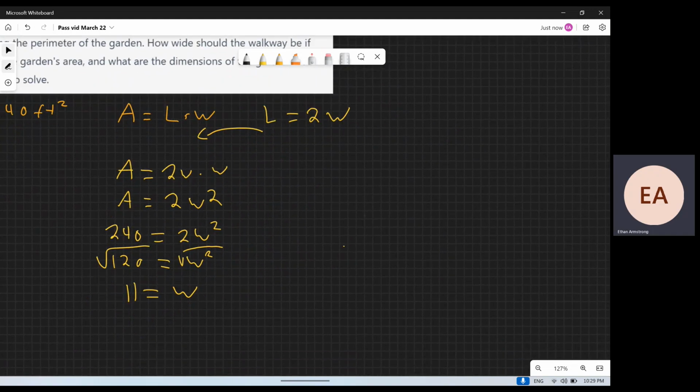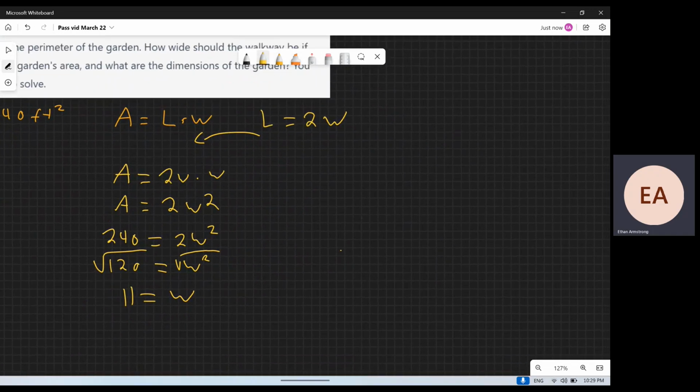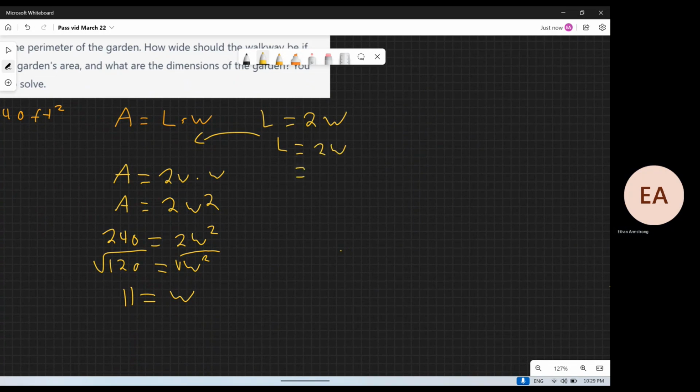And now we know that the length is 2w, so we can sub that in. So L equals 2w, and since w equals 11, that means the length equals 22.